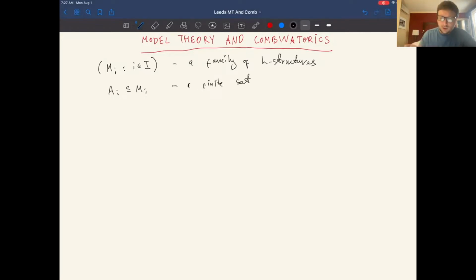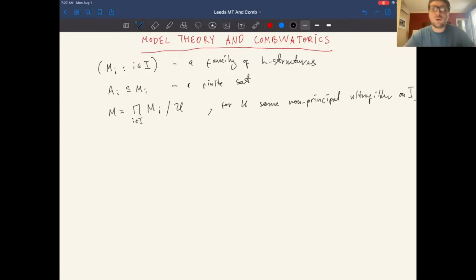And so what we're trying to understand is how this sequence of finite sets interacts with definable sets in this L-structure. So typically we'll take M to be the ultraproduct of all these M_i with respect to some ultrafilter, usually non-principal to keep it interesting. So for U some non-principal ultrafilter on I. Okay, and so once we have such an ultraproduct, we can of course also form the ultraproduct of these finite subsets.